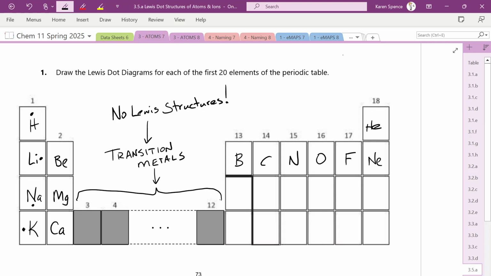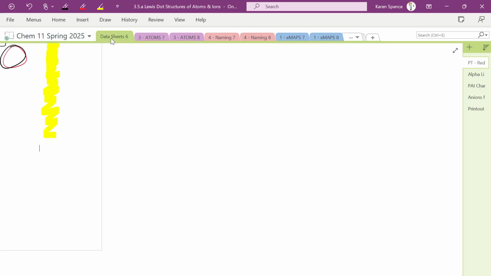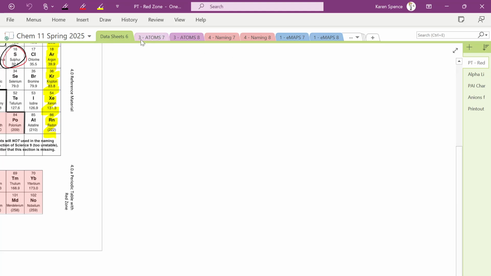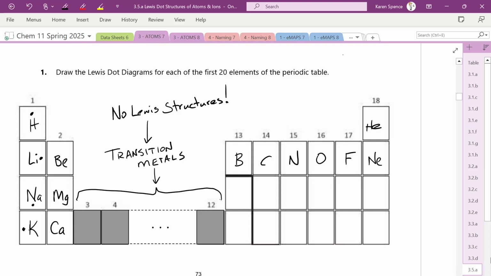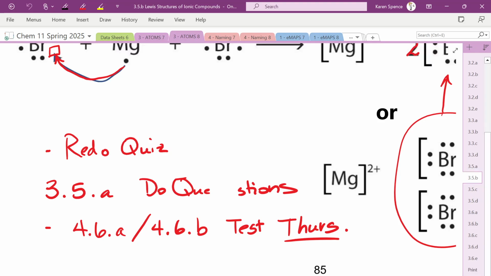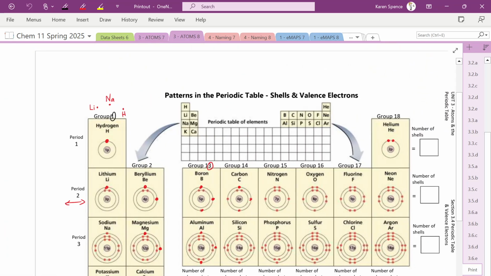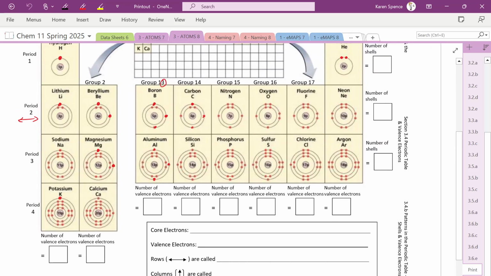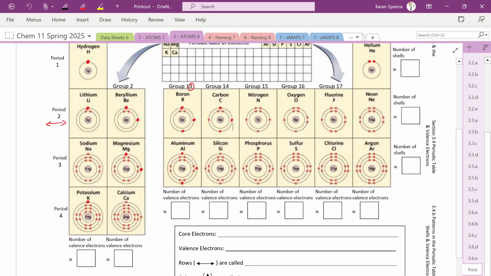Okay, I'm going to show you one. For anyone who's having trouble figuring out how many dots, you could, if you wanted to, go to 3.4b.